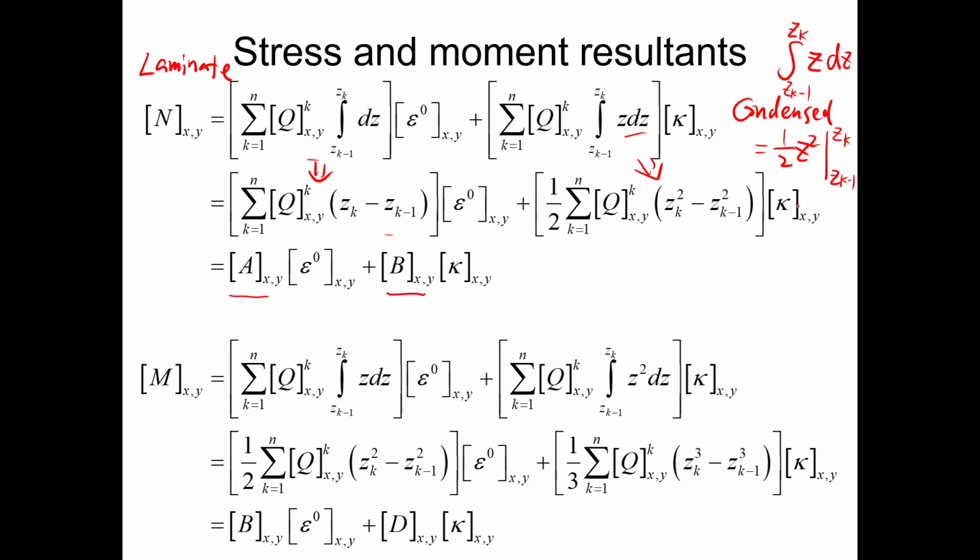When you expand it, it will give you the term here. Similarly for the moments, you expand them from here to here. We can simplify the first term with A, the second term with B. Similarly here is B and D, because these two terms are the same.